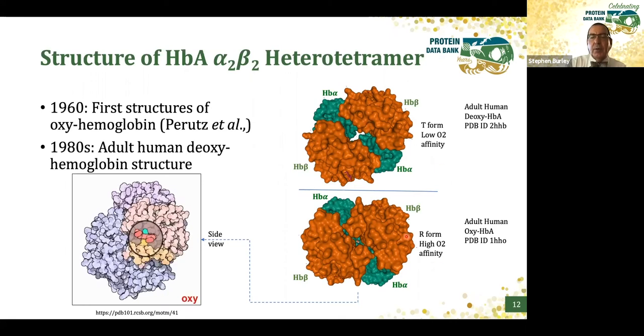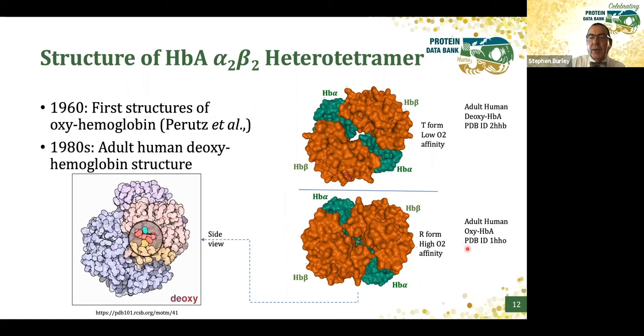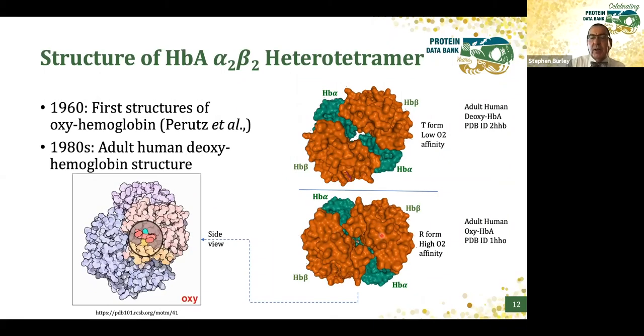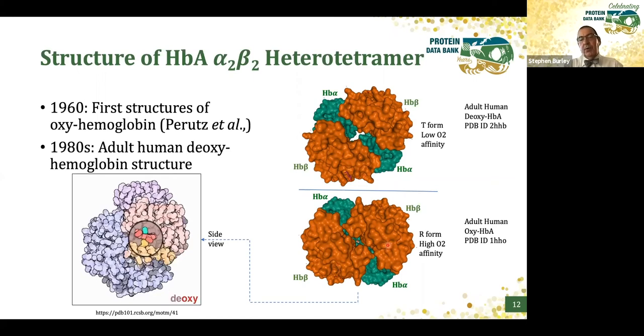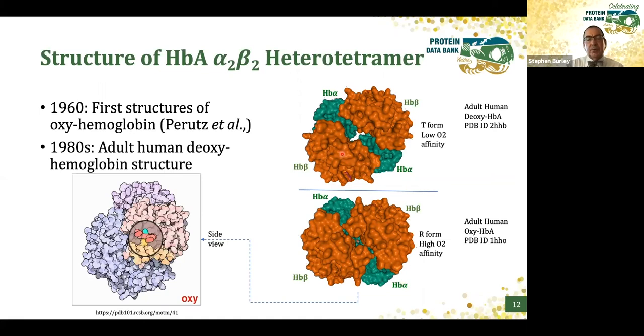And then in the lower half of the slide you can see the 3D structure of the oxy form of the hemoglobin tetramer. So this is the form of hemoglobin that you see in the lungs, loaded with oxygen. And this is the form of hemoglobin that one finds in veins and in capillaries, where the oxygen has been given up to the surrounding tissues.